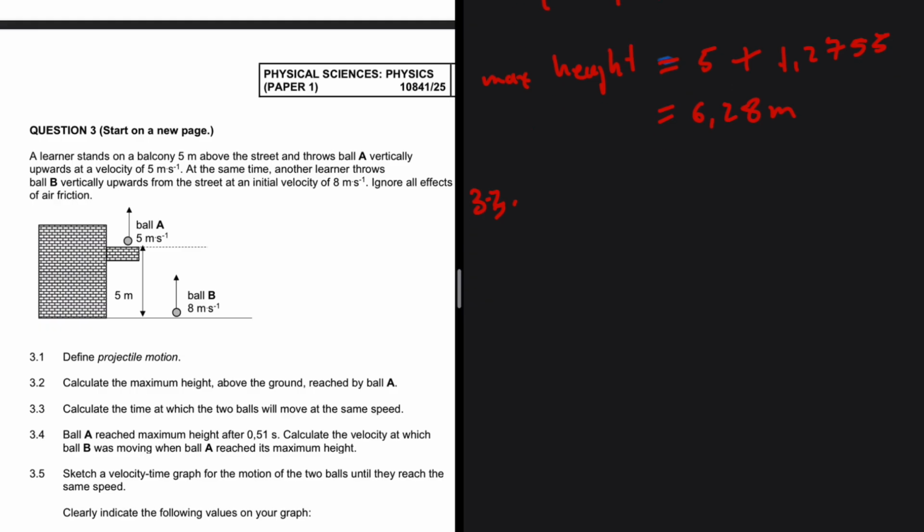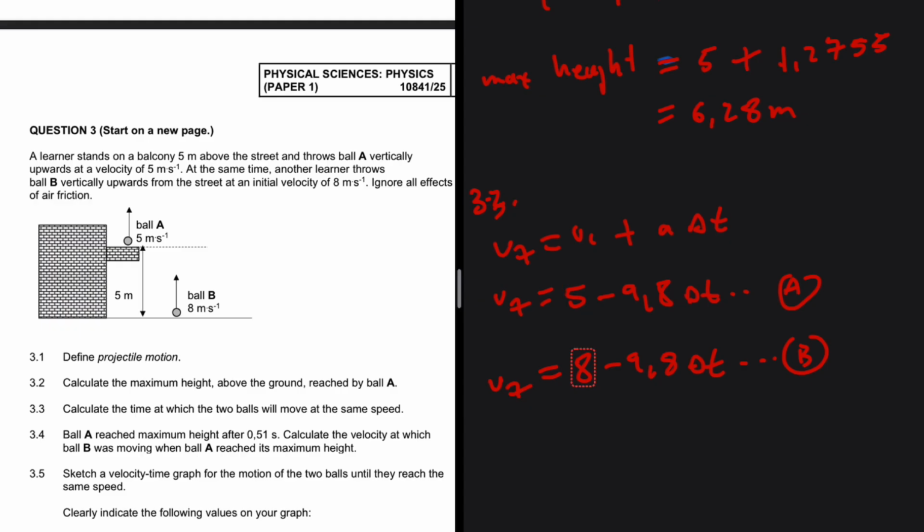So, ball A, we have VF is equal to VI plus A delta T. And then VF is equal to VI, which is 5 meters per second, minus 9.8 delta T. This is the speed of ball A, and this is with regards to A. Let's move to B. When we move to B, we get VF is equal to 8 minus 9.8 delta T. So this is for B. So how can these two things be equal to each other?